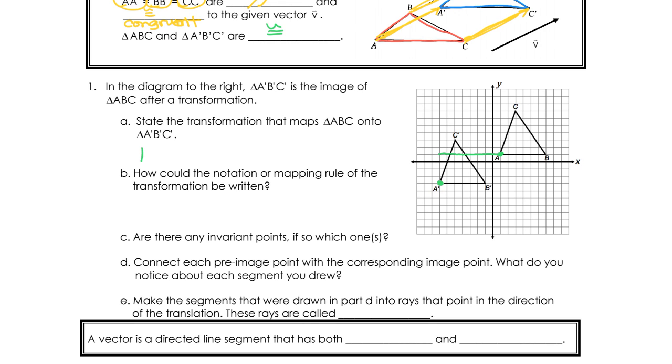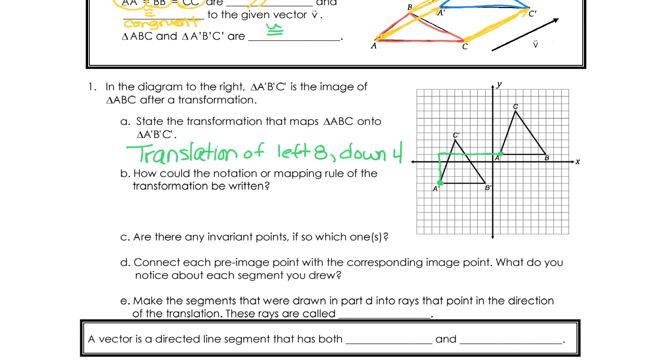So that would be a translation, since we're sliding, of left 8. Once we went to the left 8, now we have to go down 1, 2, 3, 4. So we'll go down 4. And that is a perfect way of describing that translation.